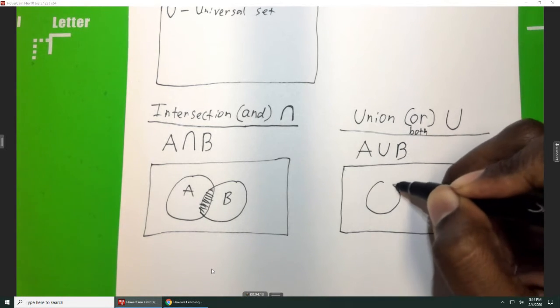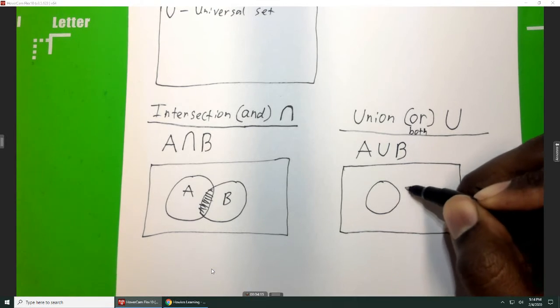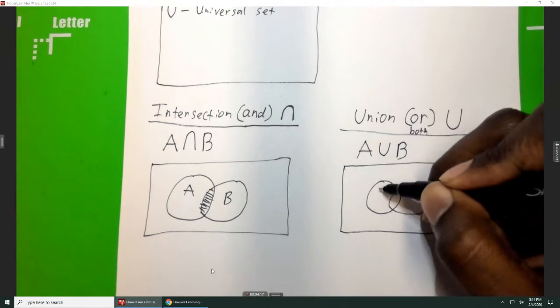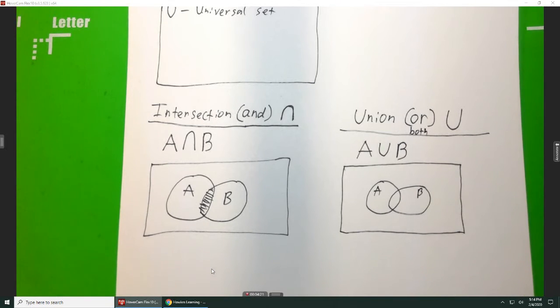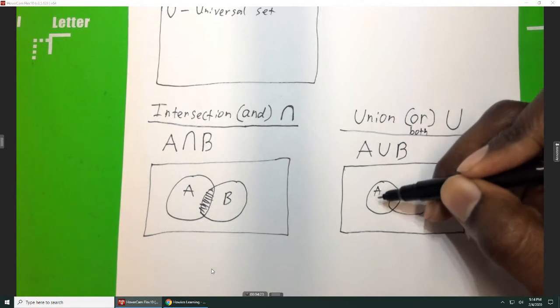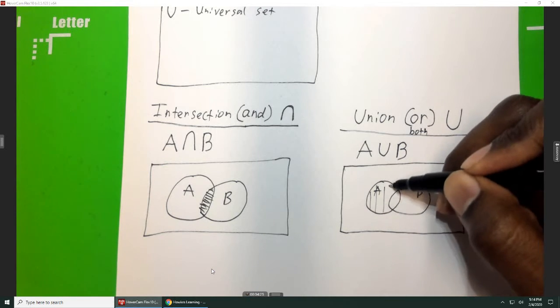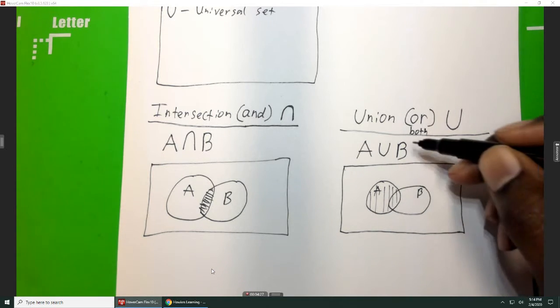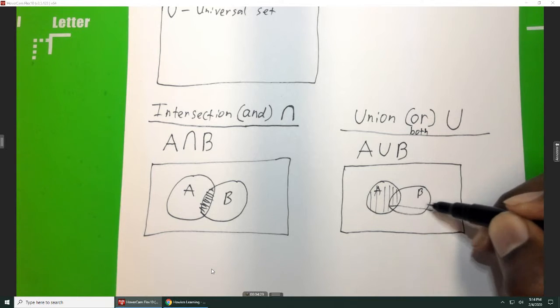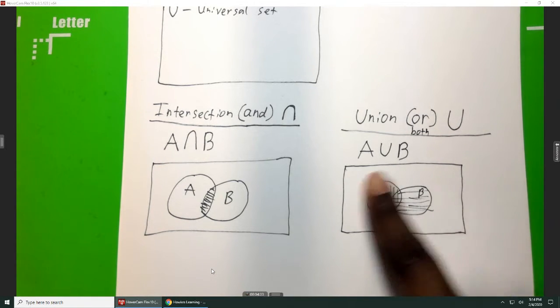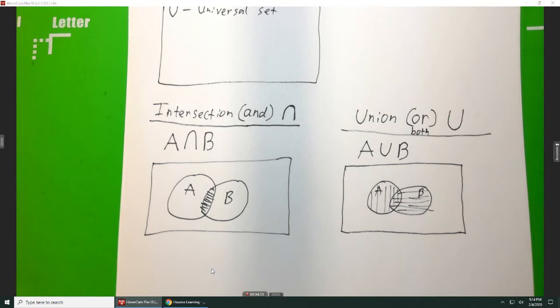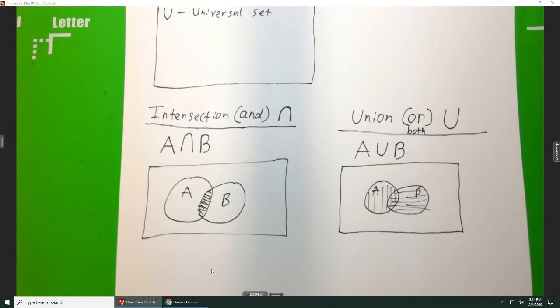Here's A. Here's B. When we talk about the union, we would do all of A, and then we would also do all of B. So A union B would be everything, all of A and B, and the intersection.